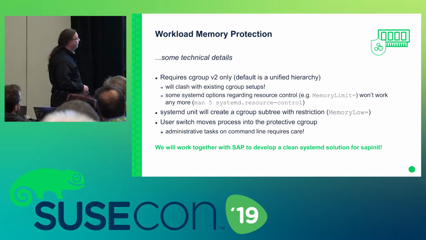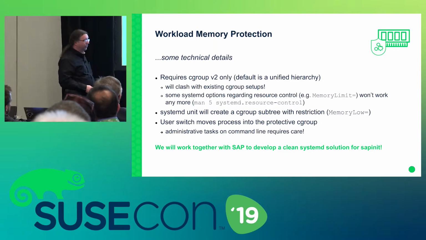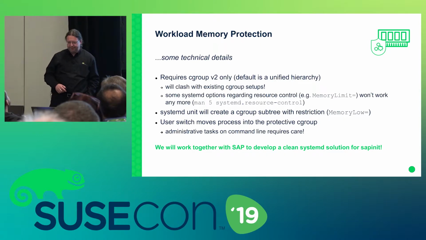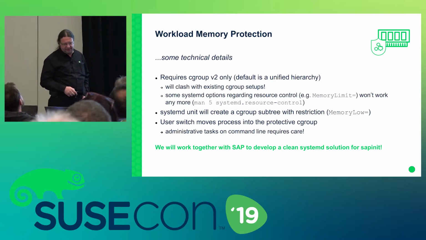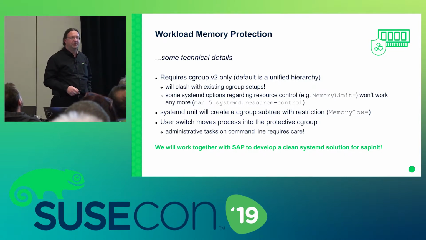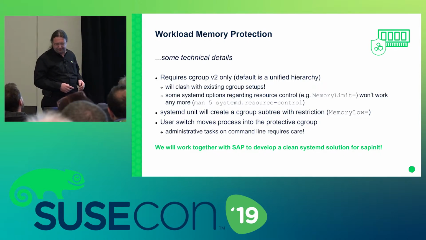And from a technical perspective, C groups version 2 is being used, with systemd and so on. So again, we're underway. We're going to blog about it as soon as that's available and part of the product.